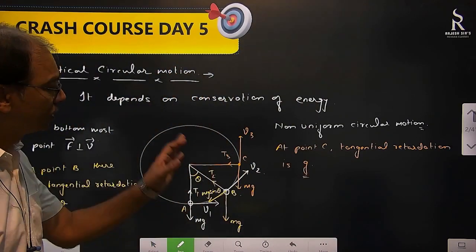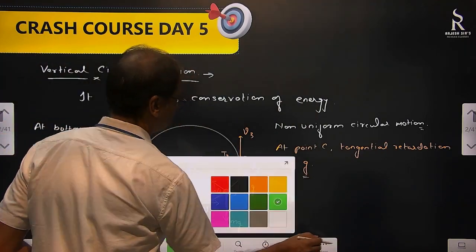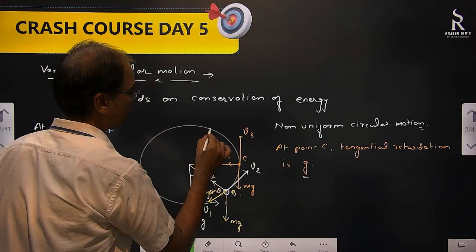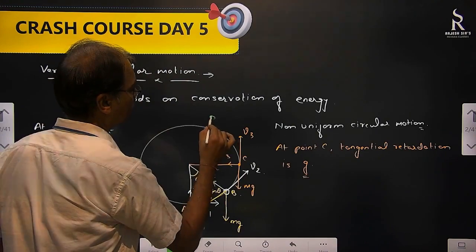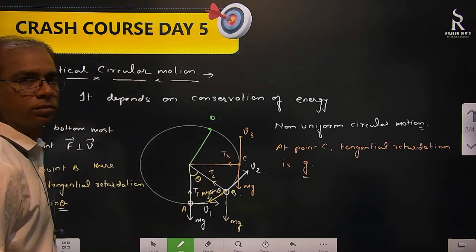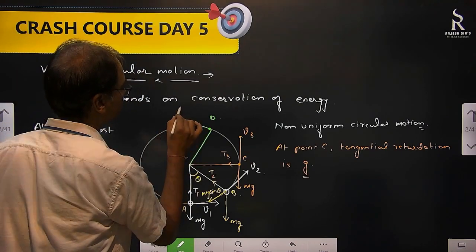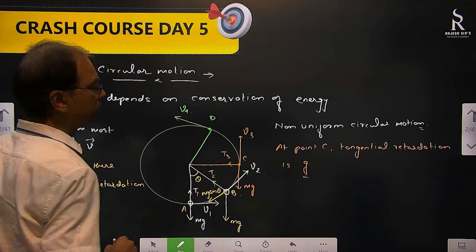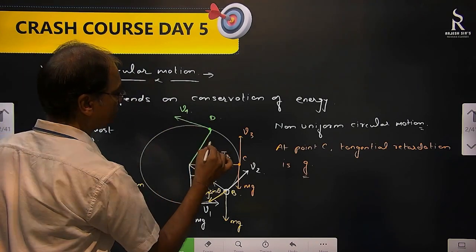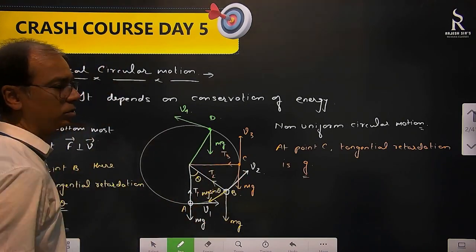As you go further up, what's going to happen? Suppose this point here is D. At this point, what will be the velocity? We'll say something like v4. Here is mg.